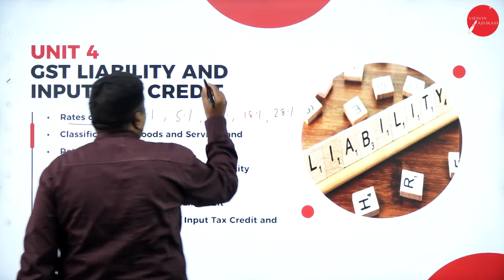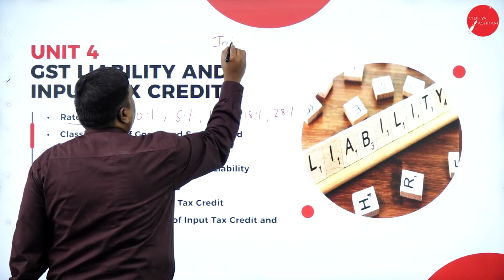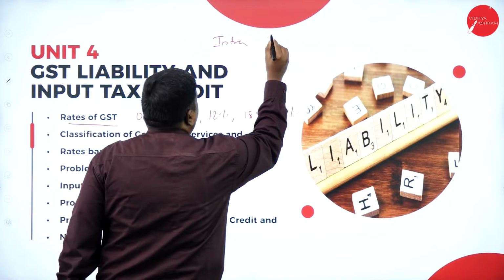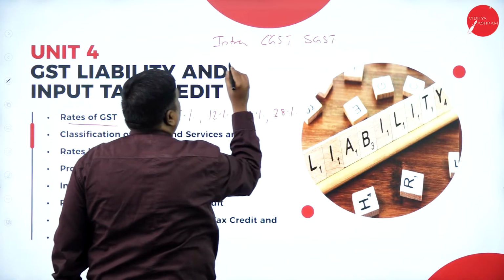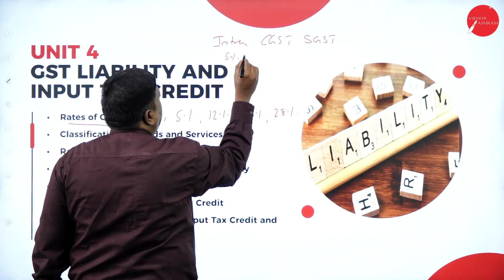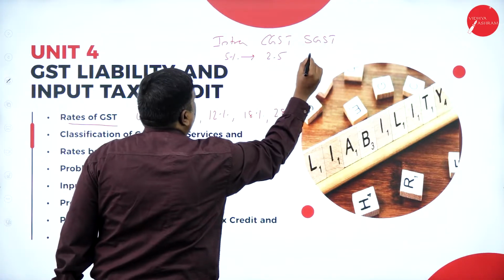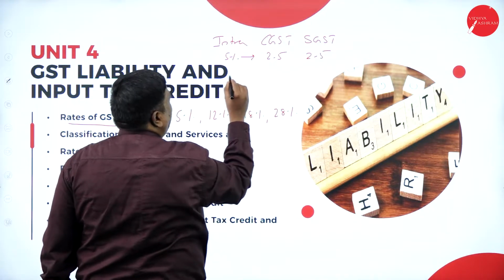If it is intra-state, CGST and SGST will be there. So 5% means out of this 2.5 will go to CGST and 2.5 will go to SGST.